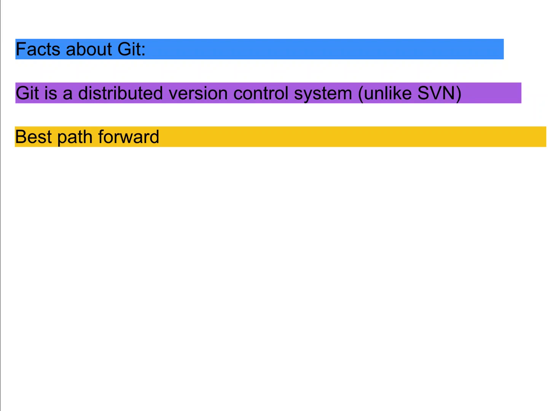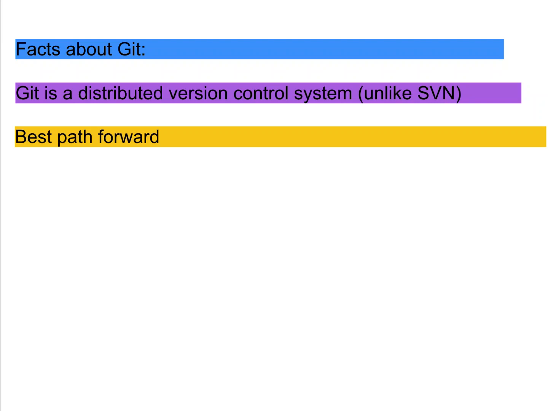And there's a difference between SVN and Git. Git is a distributed version control system. Some of you might already be using SVN, I see that a lot, or some other centralized version control system. Git is different in that there is no central repository that is physically the source of truth.